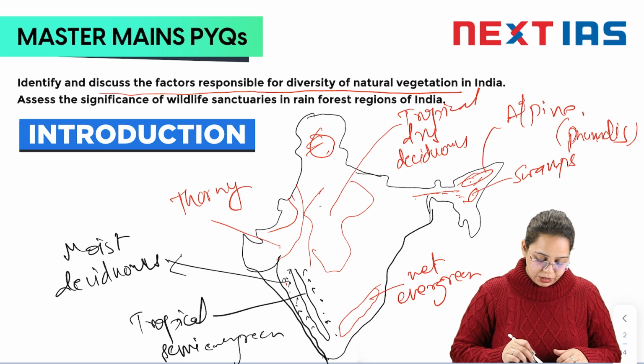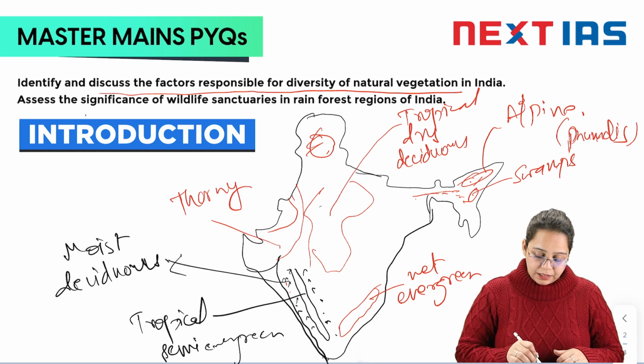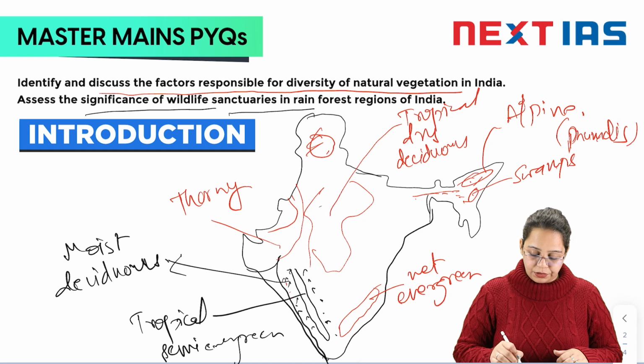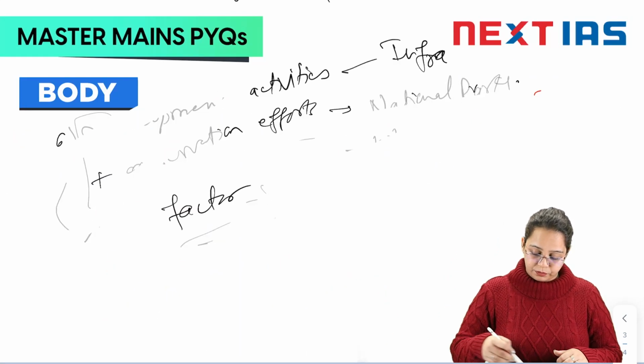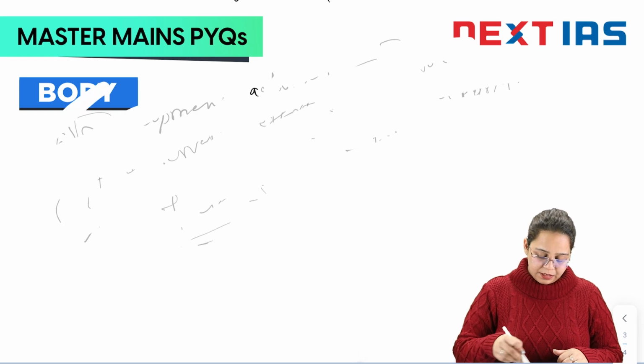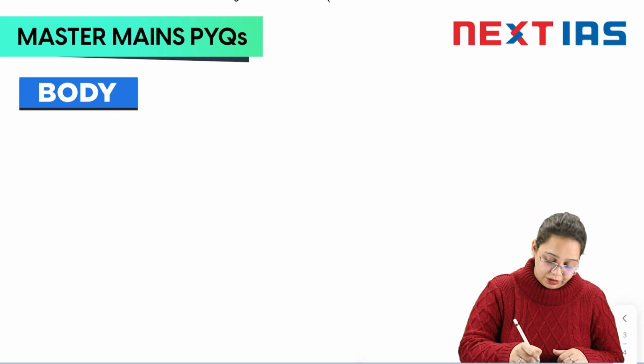The next part of the question is: assess the significance of wildlife sanctuaries in rainforest regions of India. Alright, we will see to it. Firstly, let's mark the rainforest area of India.